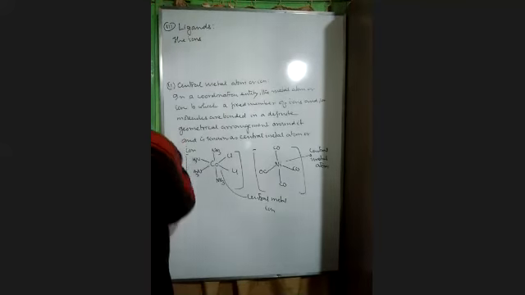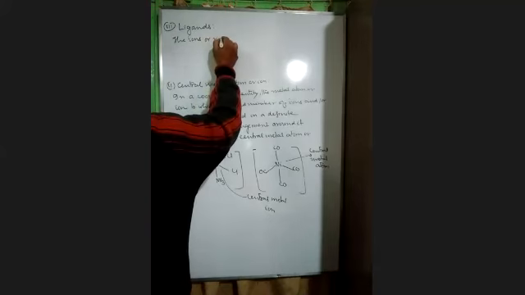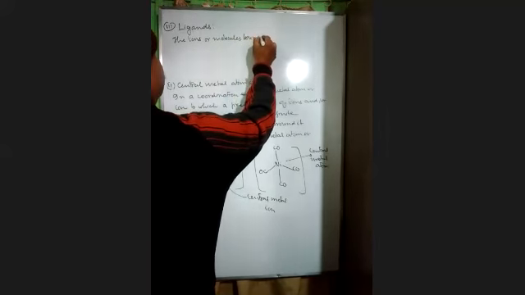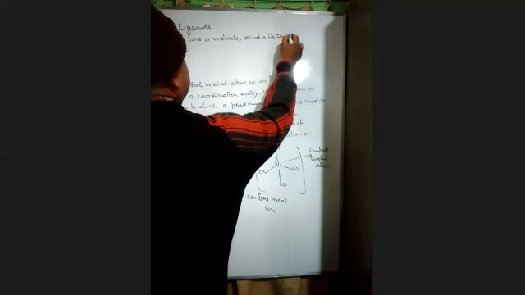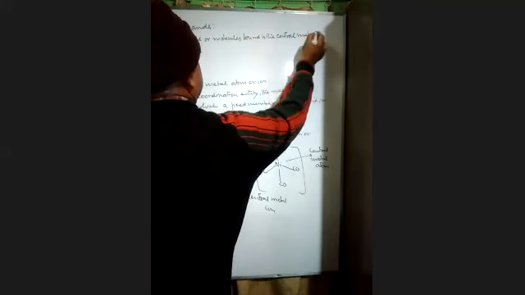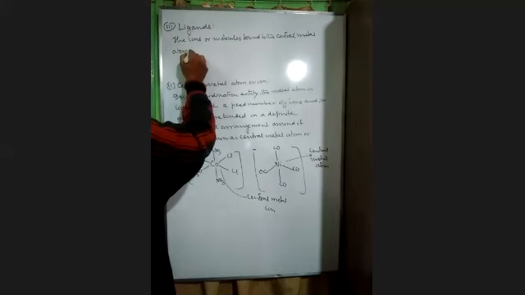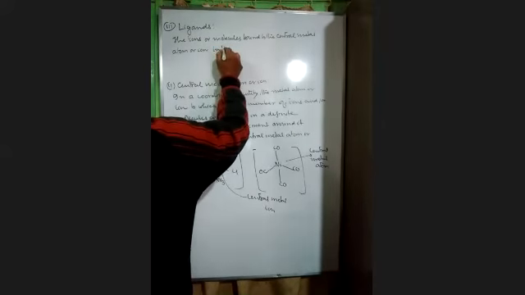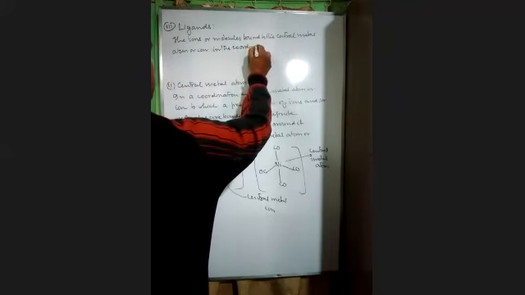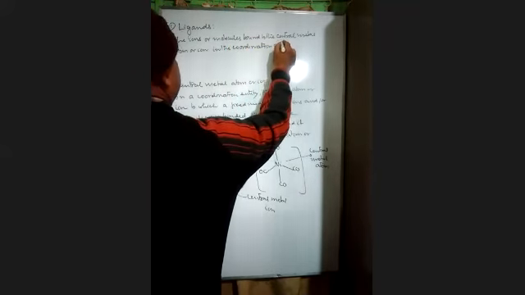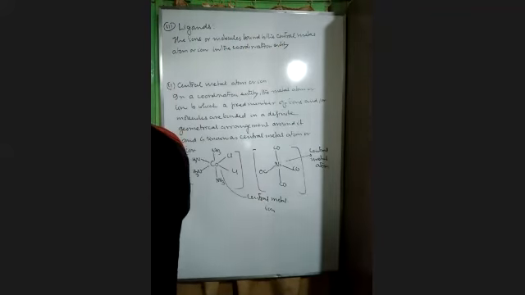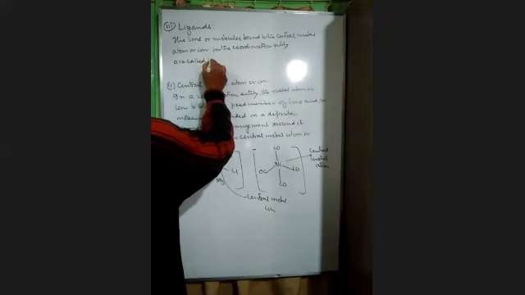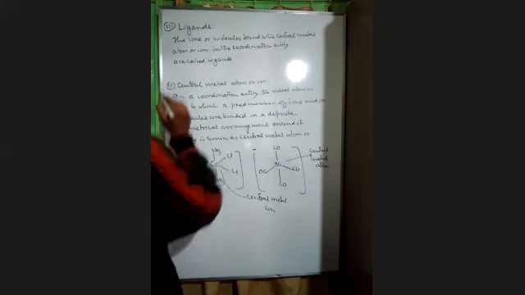The ions or molecules bound to the central metal atom or ion in the coordination entity are called ligands.